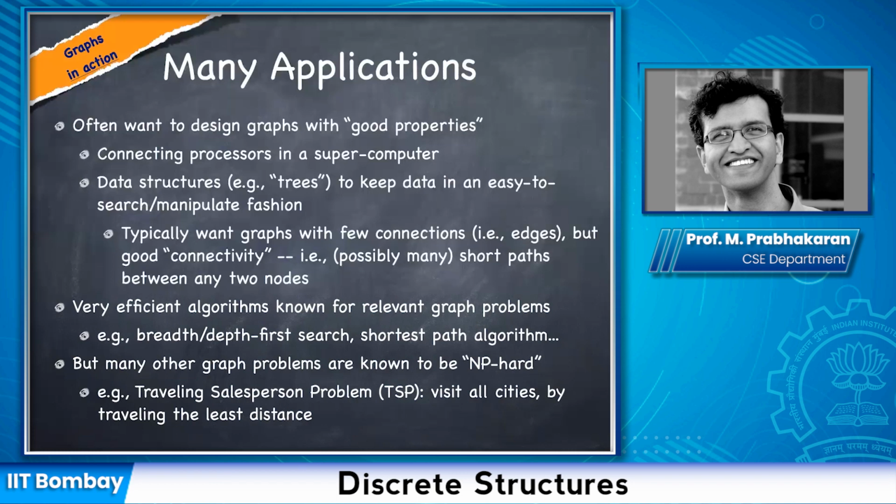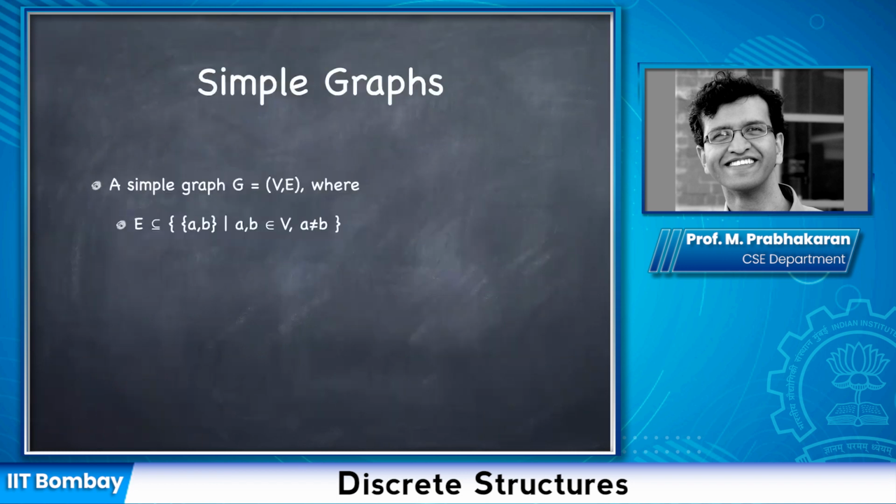We'll formalize this notion, and we'll stick to a somewhat restricted form of graphs called simple graphs. So what's a simple graph? It's simply a pair of sets, V and E, where the set V is just a finite set for us.